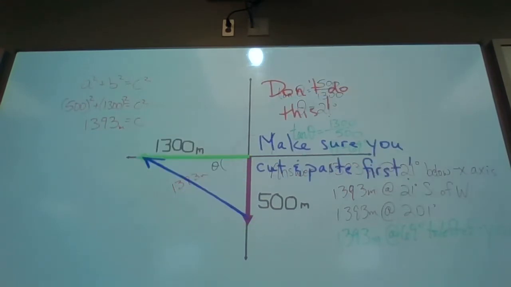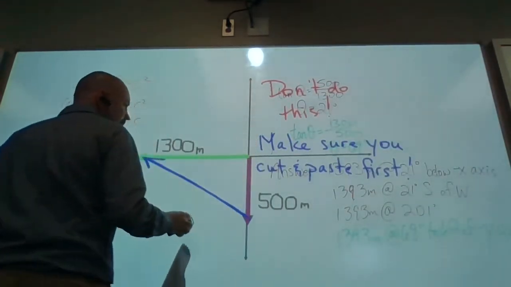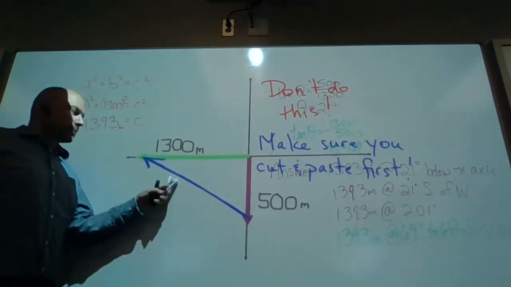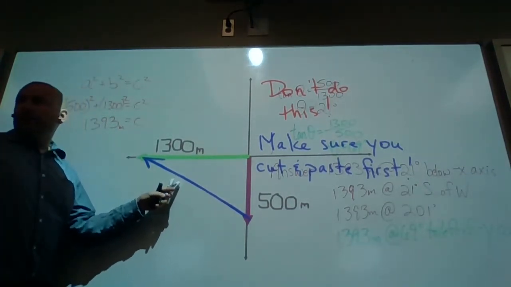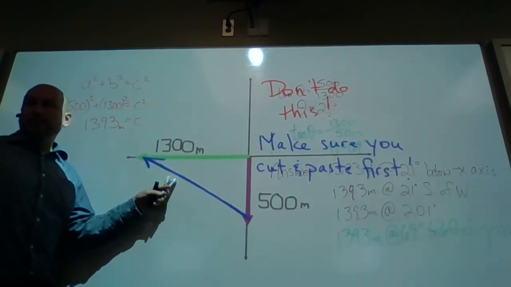Here's a popular error. Find the resultant of these two. You'll find the magnitude correctly. This will be 1,393 meters. You'll get that part.